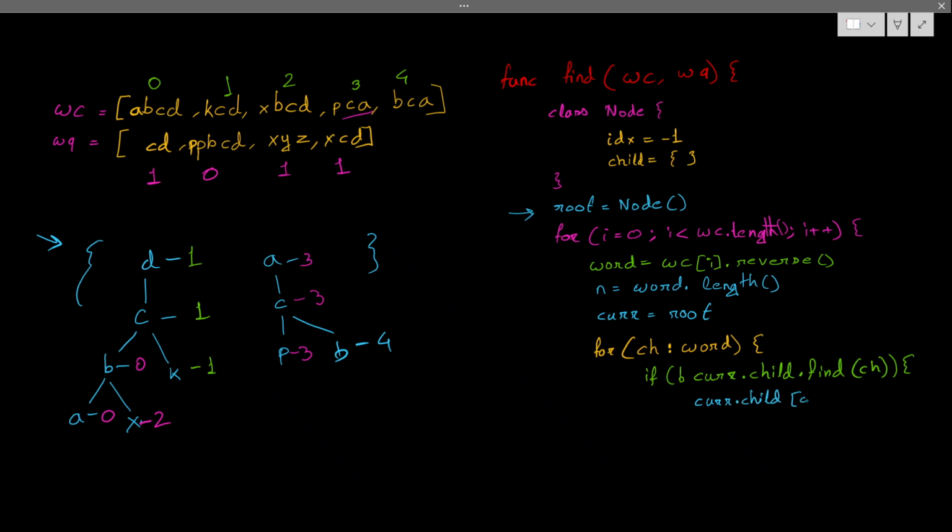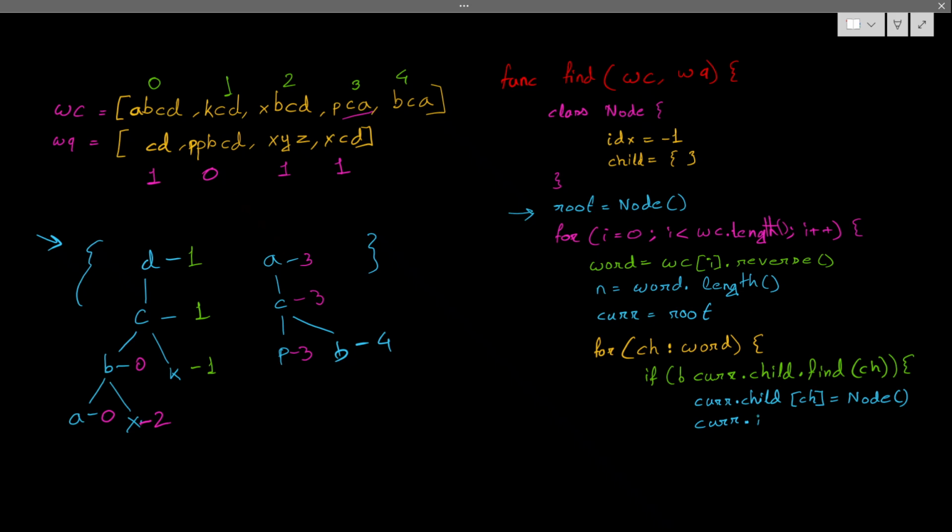of this character is nothing but my new node. Okay, and after that I told you if it is the first time I am doing the indexing, I have to say from which index I got this thing.